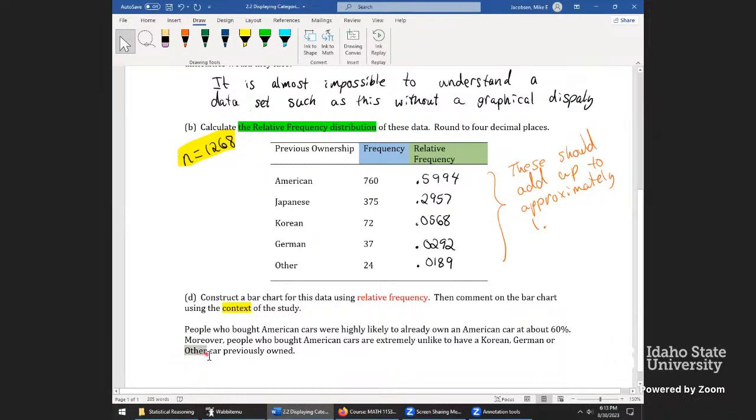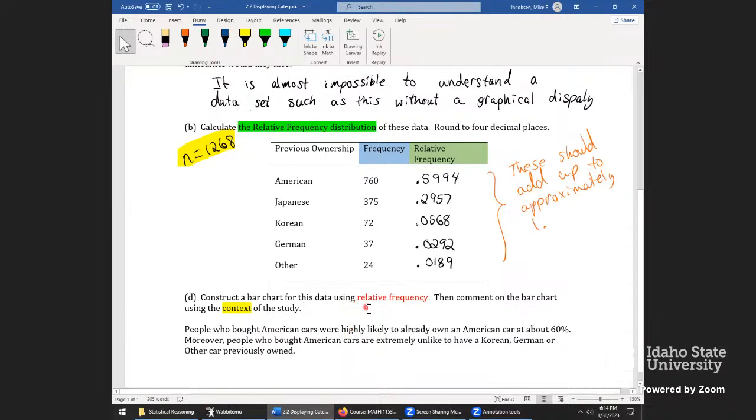I capitalized other car because I'm really talking about this category here, other. I don't necessarily know which cars those were since they didn't tell us in the study. So to me, that'd be a pretty good response, probably more than I even expected.